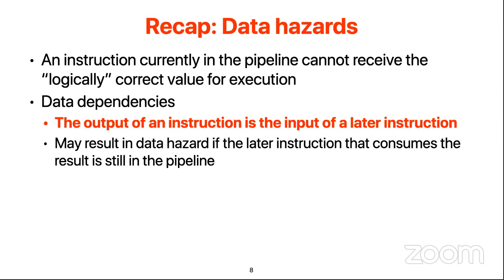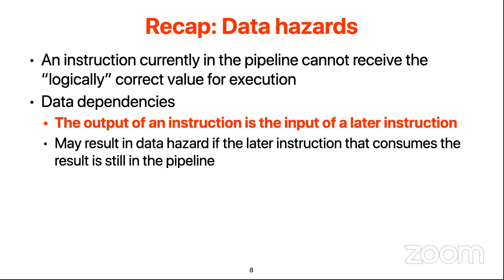The TA talked a lot about write after write or write after read, but those aren't even an issue in the MIPS 5-stage pipeline processor. We will talk about that later. Even though the other two the TA mentioned in her discussion session may cause issues for a later, or modern, processor design, they are still not counted as true data dependencies.